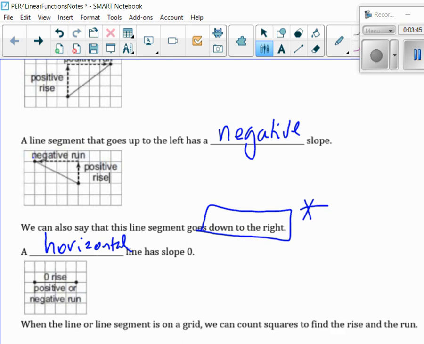So what's my rise if I'm not going up or down? 0. And my run in this case, I'm going 1, 2, 3, 4 to the right. So what's 0 divided by 4? 0. When a line segment is on a grid, we count the squares to find the rise or the run.